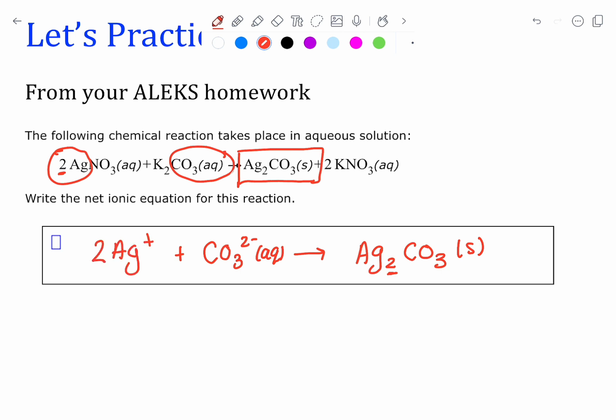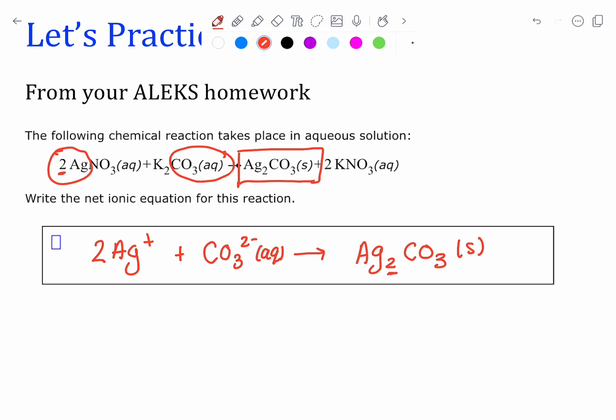So for these problems, when you see them, you don't have to go the whole route of writing the ionic and the net ionic equation. If we're just looking for the net ionic equation, you're given the balanced reaction, just identify what the solid is and what ions would be needed to make it up, and just make sure you are balanced properly.